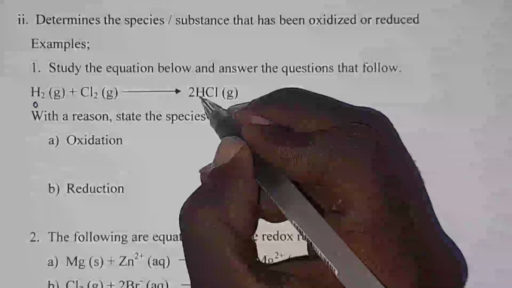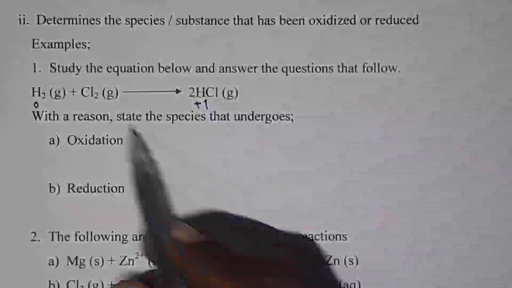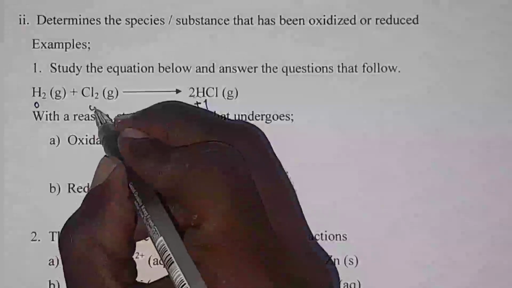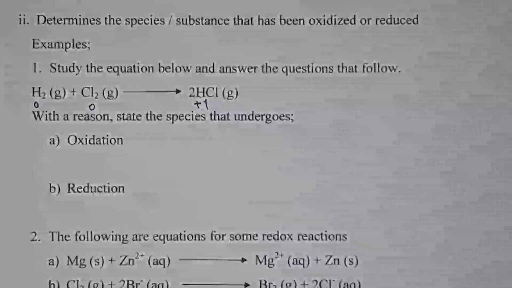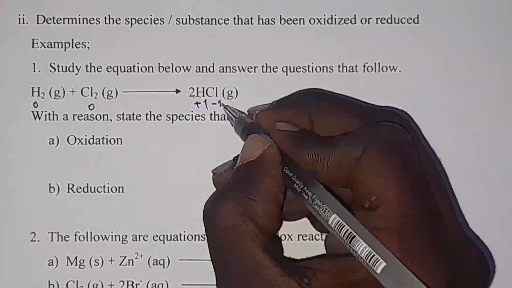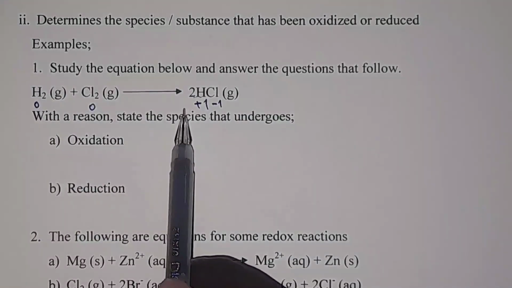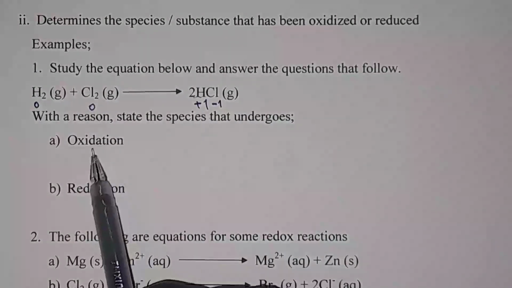But the oxidation number of hydrogen in this compound is positive 1. When we check chlorine, the oxidation number of chlorine is 0 because it's also an uncombined element or molecule, and here we're having chloride ions, so that means it's negative 1. So if you check hydrogen, its oxidation number increases from 0 to positive 1. So increase in oxidation number is oxidation.